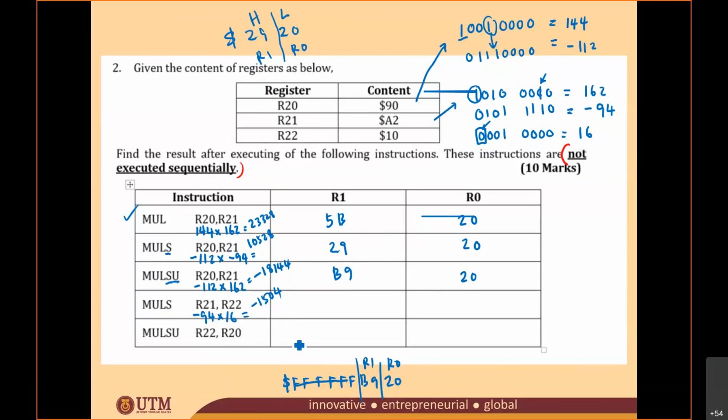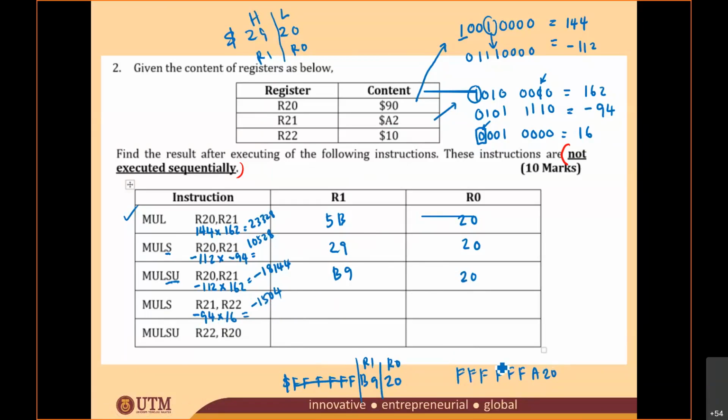Convert 1504 to hexadecimal. If you press the calculator with negative 94 multiplied with 16, you will get F, F, F, F, F, F, followed by FA20.